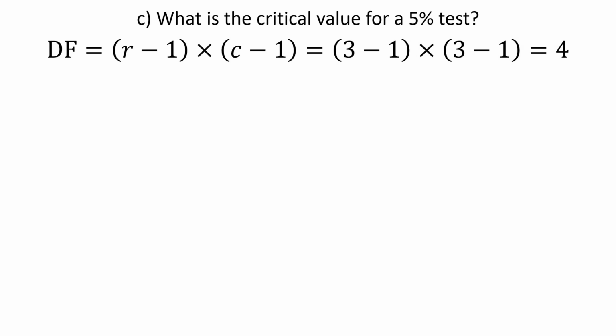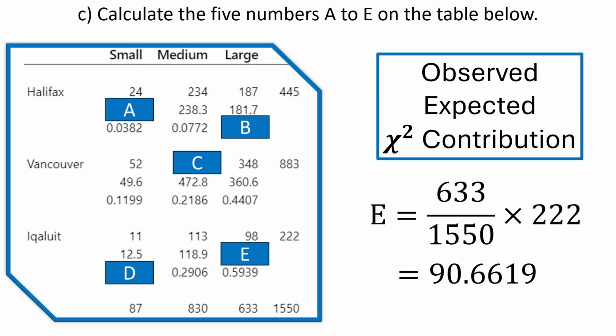Okay, so next, what is the critical value for a 5% test? First, we need degrees of freedom. In any case where you're given a contingency table, the degrees of freedom is the number of rows minus 1 times the number of columns minus 1. Now, just to be clear, looking at this table, when we count rows and columns, we do not include the margins.